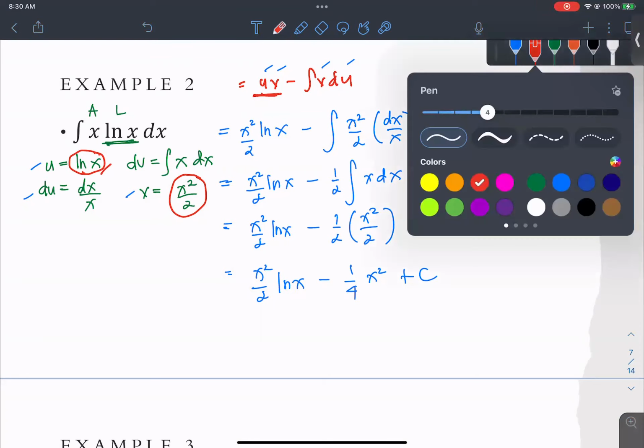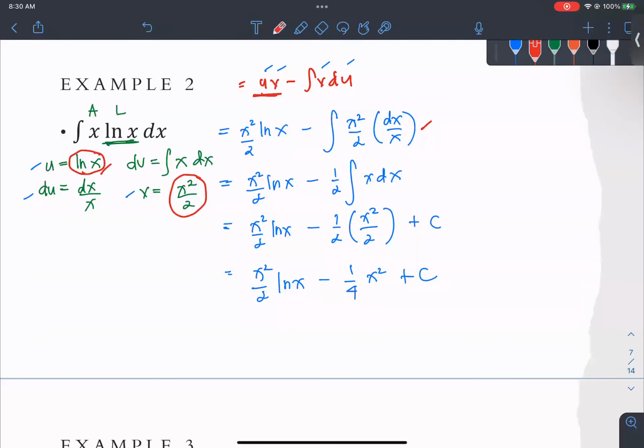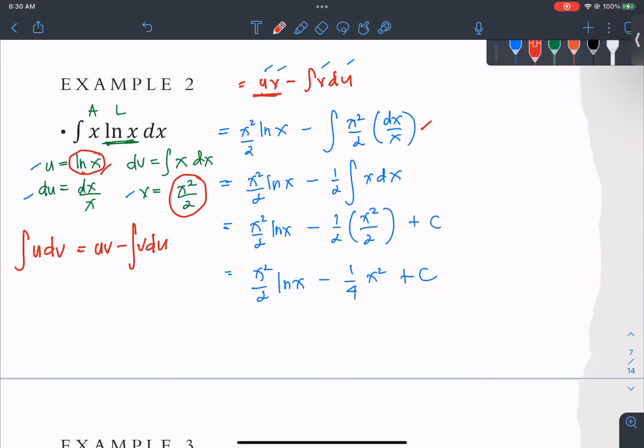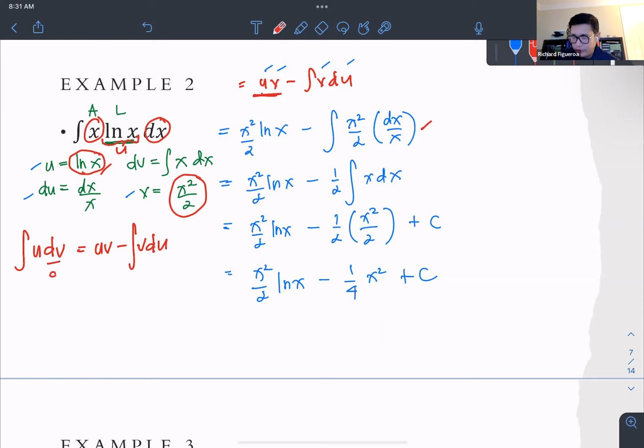Derivative of v po yung x dx? Yeah, yung x dx that is dv. Kasi di ba ang formula natin ganito? u dv is equals to uv minus the integral of v du. So, we designate itong ln x natin as our u. Tapos itong x dx will be designated as the dv.